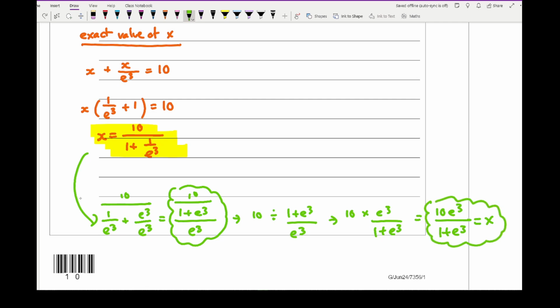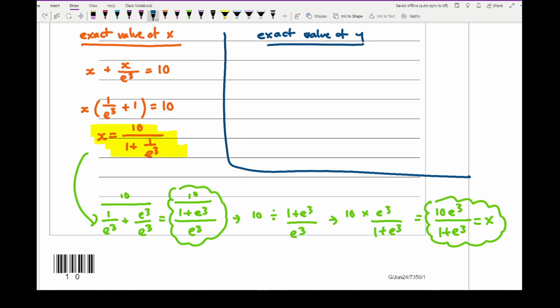Then, if I look at the exact value of y, which I'll be honest is pretty easy. Replacing x with y, we know that what we got is y to the 3 plus y equals 10.